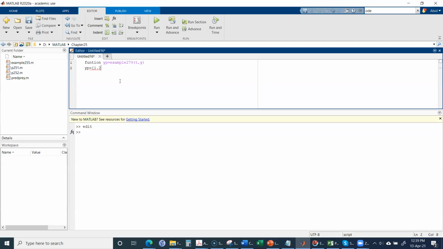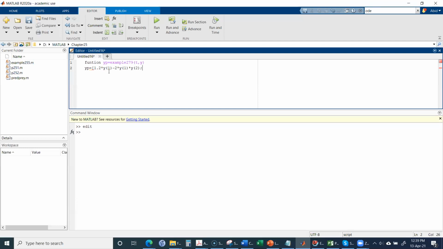So it is 1.2 times x. But since we are representing x by y(1), and minus 2xy. So x is represented by y(1) times y(2). Okay, and then semicolon.